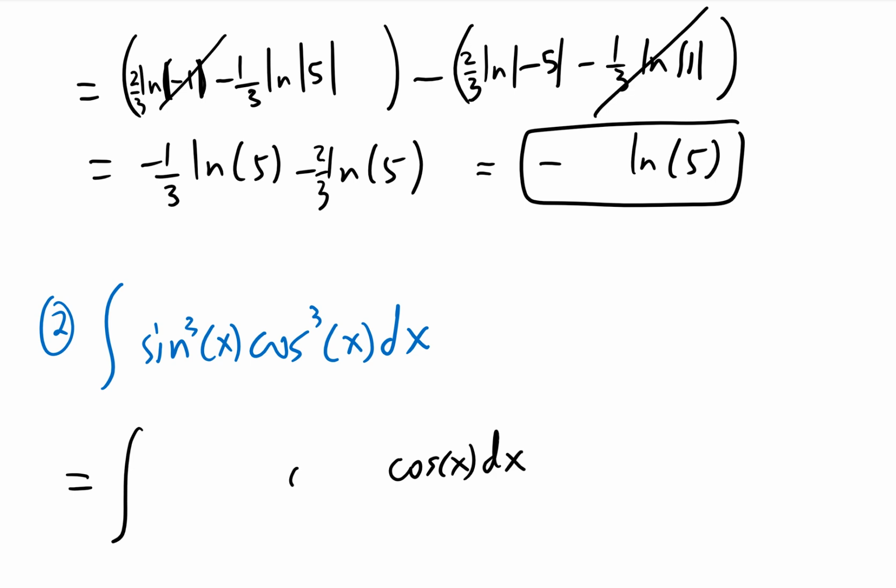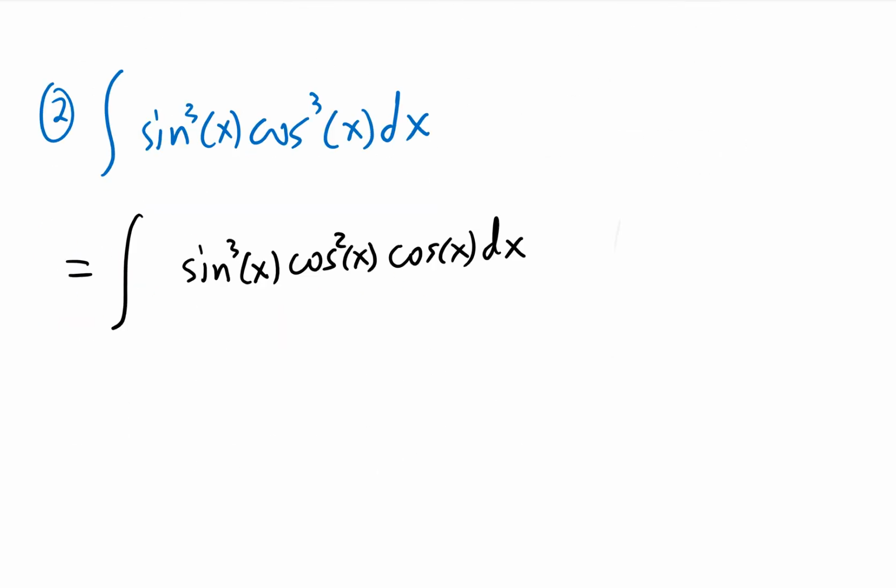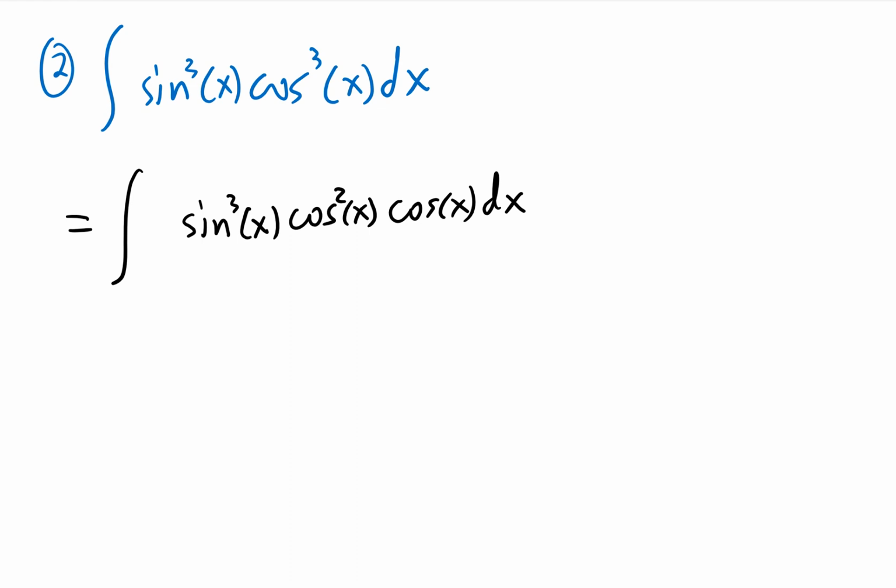And then that will give us 2 copies left of cosine. So I saved a copy of cosine. I need to convert the remaining into sine by rewriting this as 1 minus sine squared x.